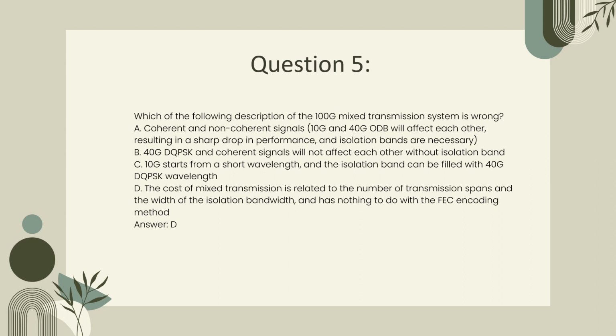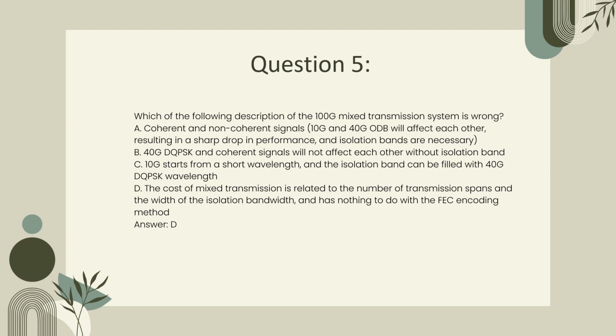A. Coherent and non-coherent signals, 10G and 40G ODB will affect each other, resulting in a sharp drop in performance, and isolation bands are necessary. B. 40G DQPSK and coherent signals will not affect each other without isolation band.